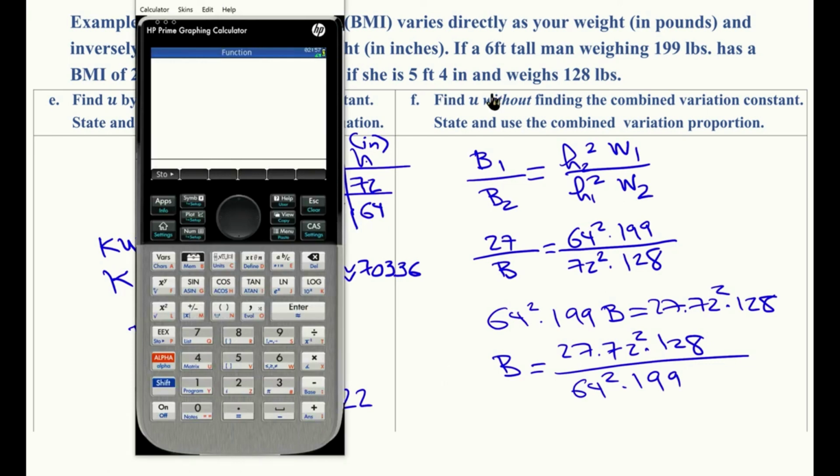So we have 27 times 72 squared times 128 and then we're going to divide that by 64 squared times 199.